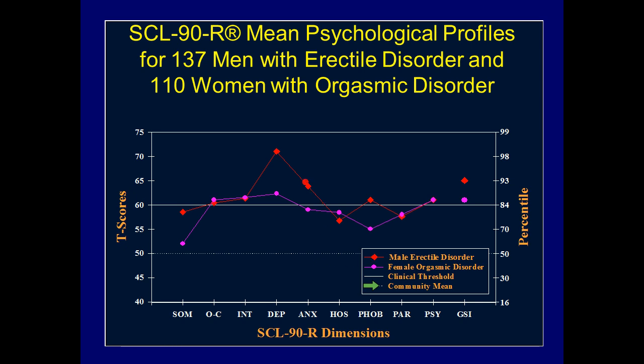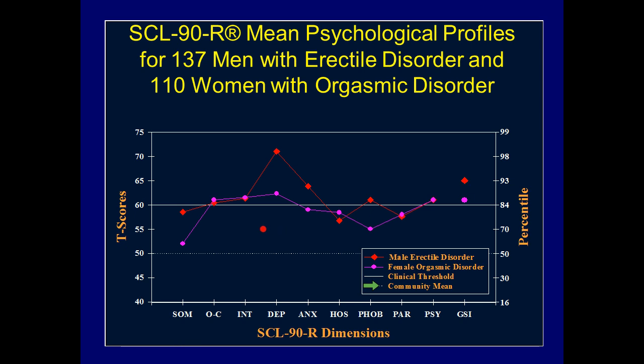So what we see in the men is strong elevations of 2 standard deviations on depression and anxiety, that are clearly in the clinical range. And the global score, the Global Severity Index here, is also just breaking through the clinical range.